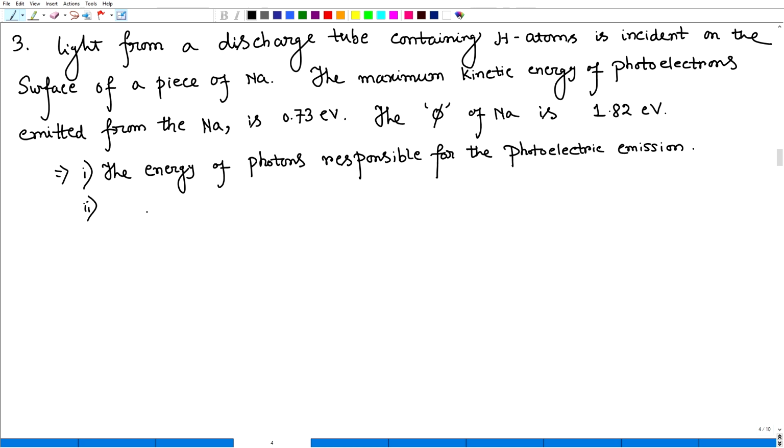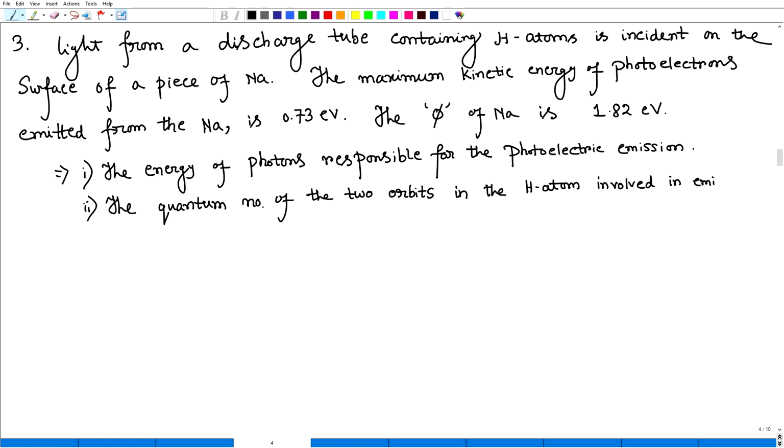The quantum number of the 2 orbits in hydrogen atoms, okay, the quantum number means the n value, of the hydrogen atom involved in emission of photons.